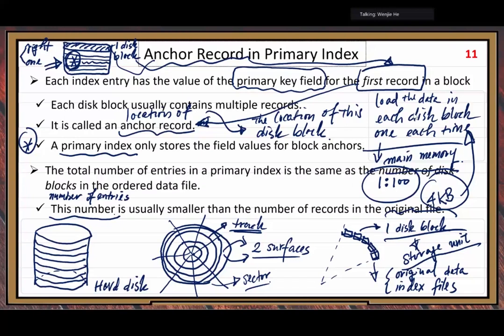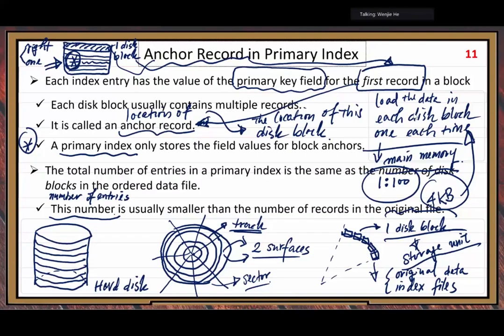So every 30 records, the anchor record you pick serves as the entry for all the 30 records in the same disk block. That is a straightforward understanding.